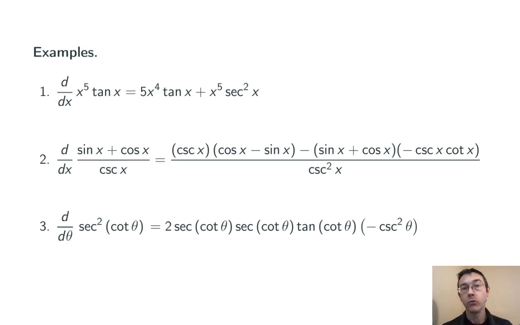Finally, we multiply the derivative of the innermost function, cotangent theta, and the derivative there is negative cosecant squared of theta. Overall, 2 secant of cotangent theta times secant of cotangent theta times tangent of cotangent theta times negative cosecant squared of theta. Again, there's at least one fairly simple way where we can simplify this, and I'm just not bothering to do it in this video.